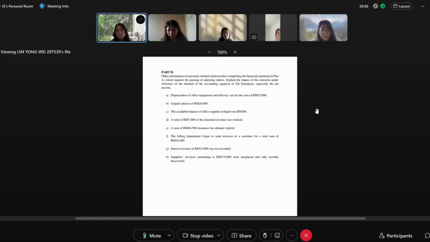For this, the asset will increase and the owner equity will increase. So the last, supplier's invoice amounting to 135,000 was misplaced and only recently discovered. So this affects the liability. Yes, for this the liability will increase but the owner equity will decrease.